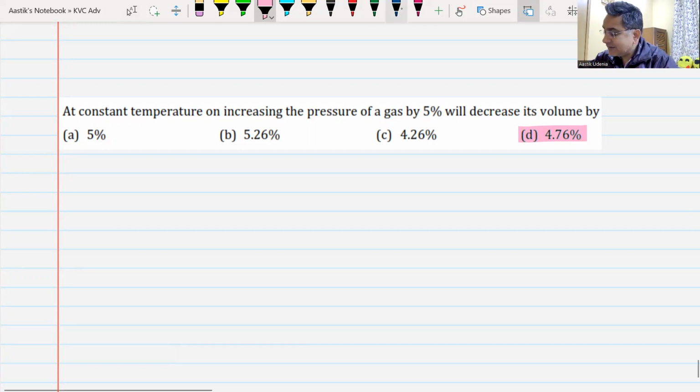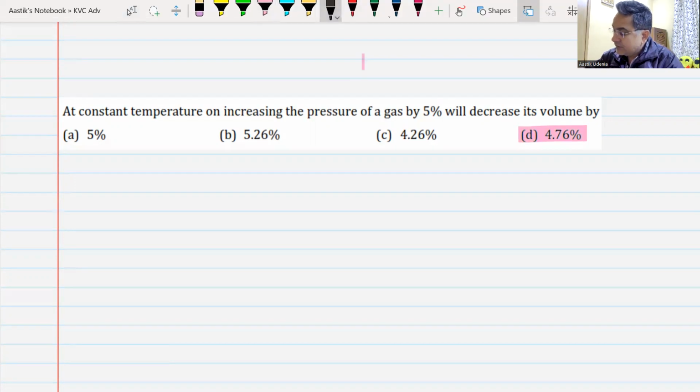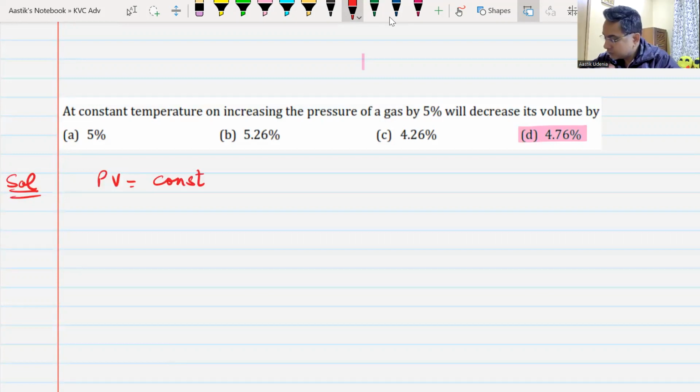How do we get this? Now remember here PV is constant, yes or no? So I can write P1 by P2 will be equal to V2 by V1, yes or no?